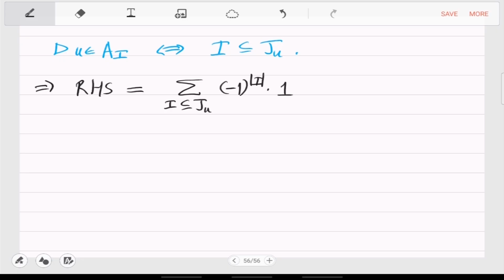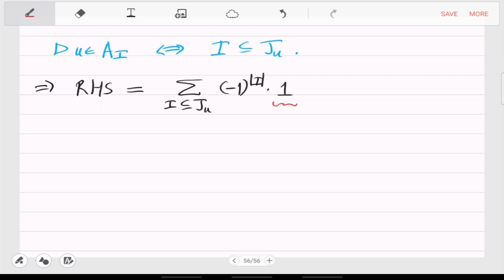Is this fine? So this underlined value is 1 for those sets which are subsets of JU, and it is 0 otherwise, right? So the 0 ones we can drop, the ones we have to count, and this number can be anything, can be negative, 0, positive.